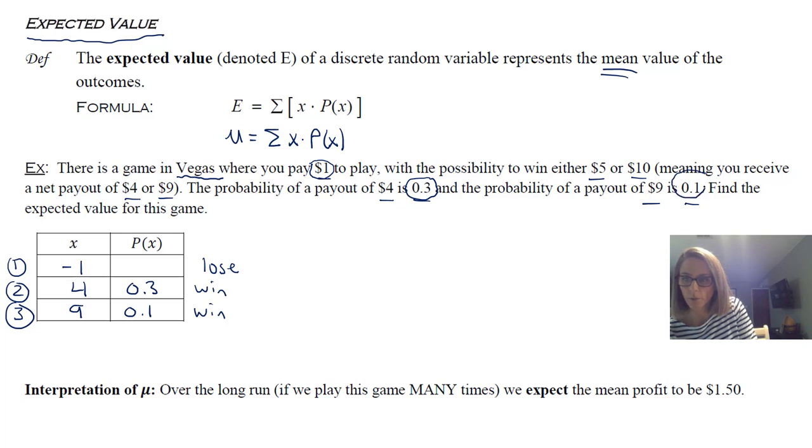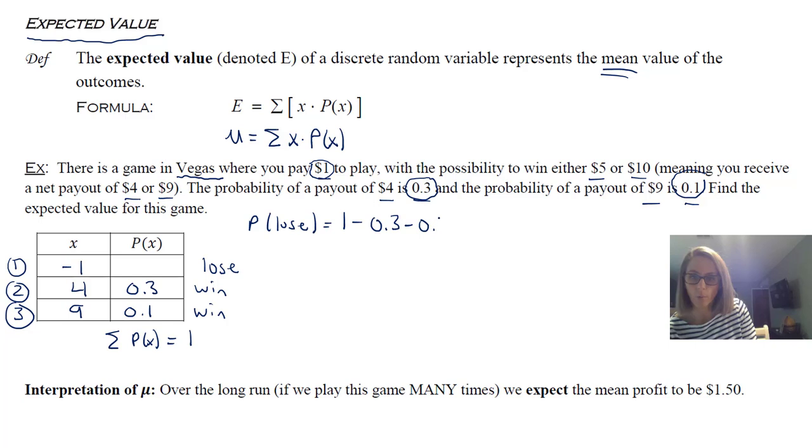So I'll highlight those. Now you might say, well, they don't tell us what the probability is of losing, but we remember that the sum of a probability distribution has to equal 1. So you may have already thought about the fact that the probability of losing should just be 1 minus the probability of the idea that we win.